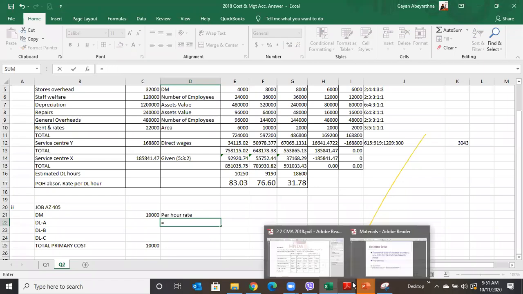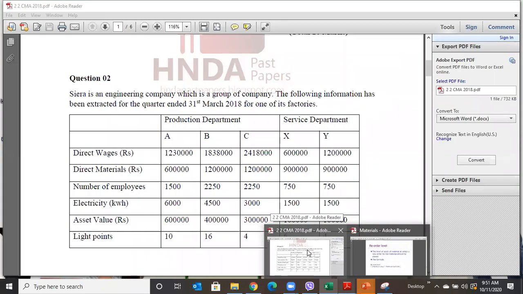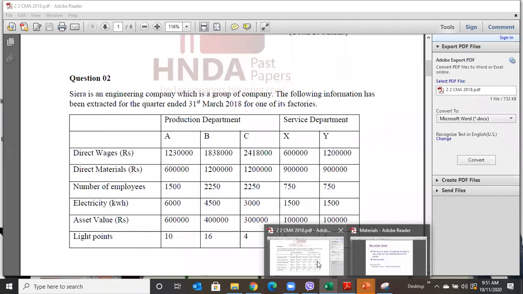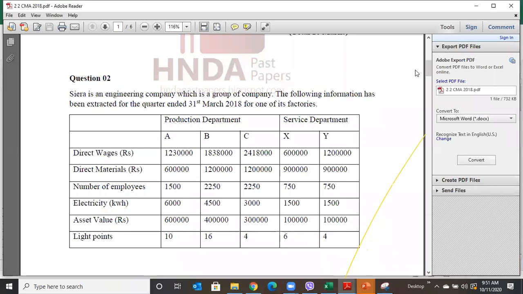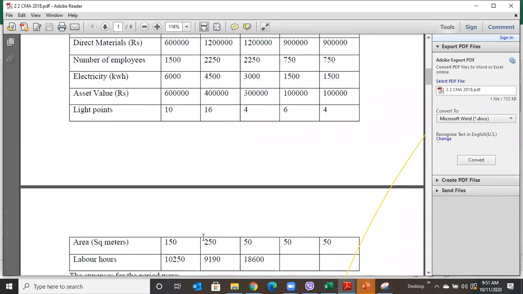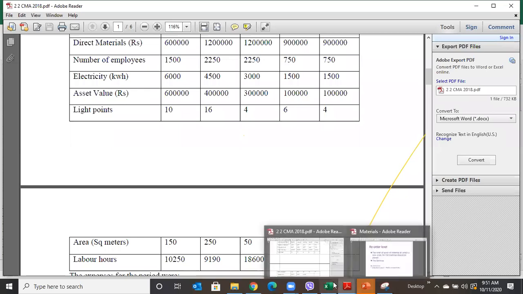It should be for A direct wages 123, divided by hours 10,250.